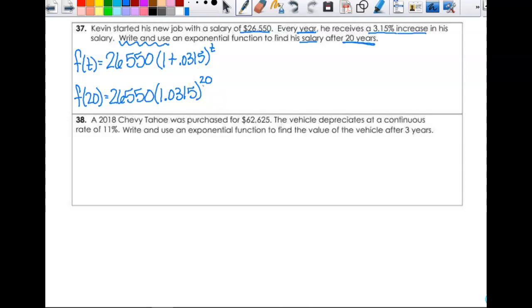Then your answer needs to be an actual statement that says Kevin's salary. Of course, it doesn't have to be this exact sentence, but something to this effect. Kevin's salary after 20 years will be, and then you got to use dollar signs, and remember how to round things.